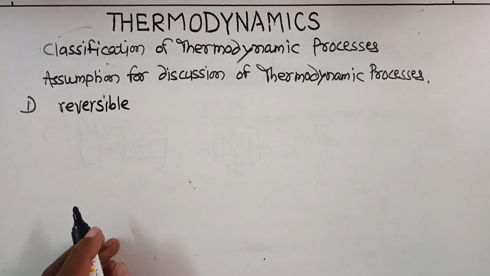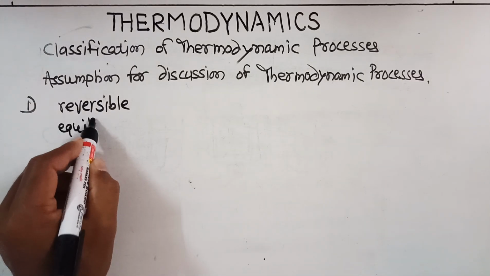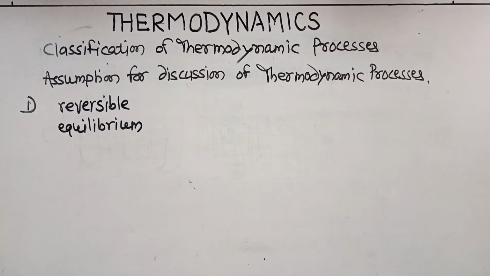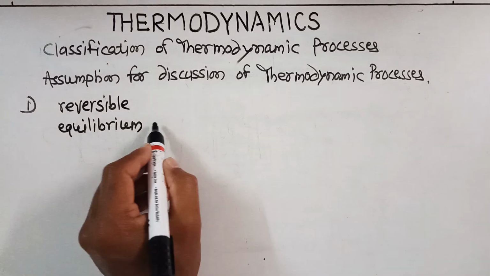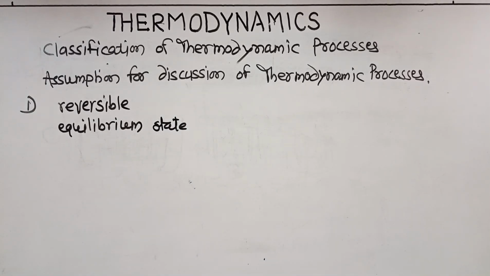The systems are in equilibrium. For the further discussion, we assume that the processes occur in equilibrium state and simultaneously change state.